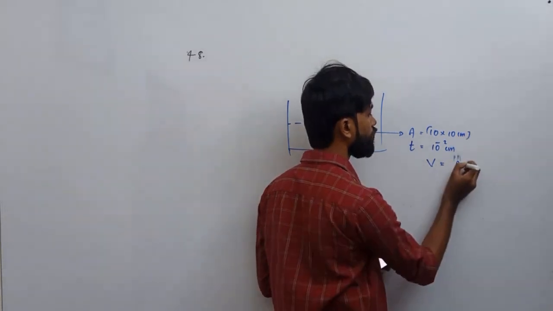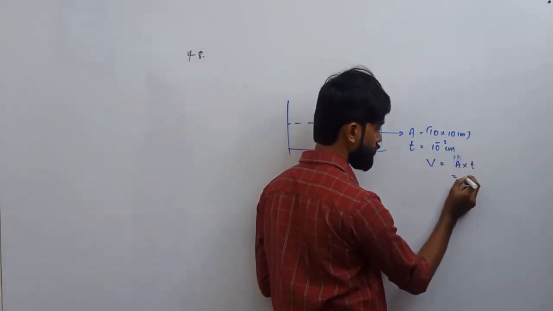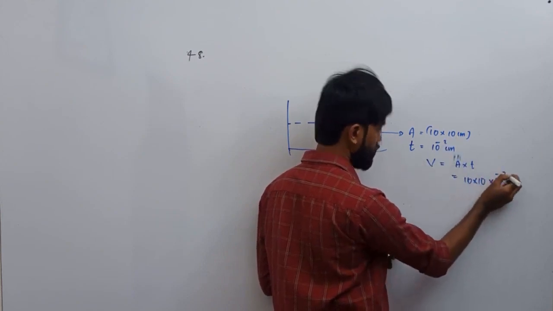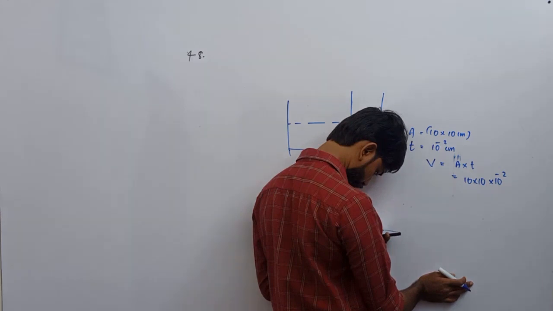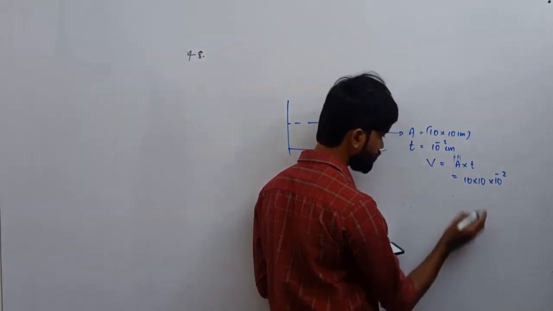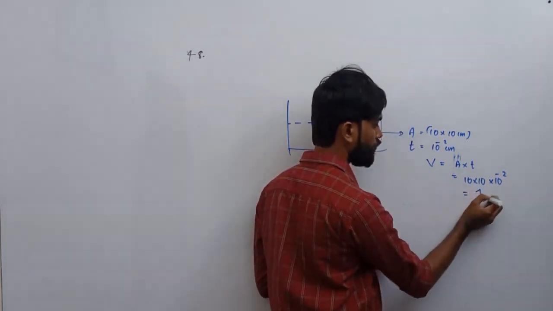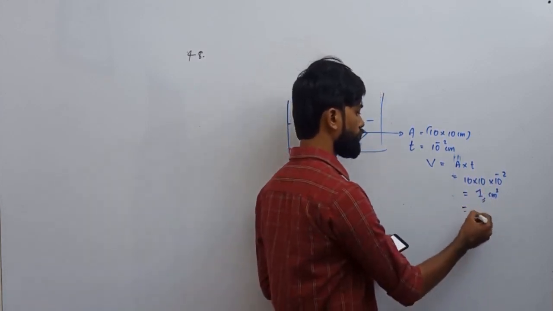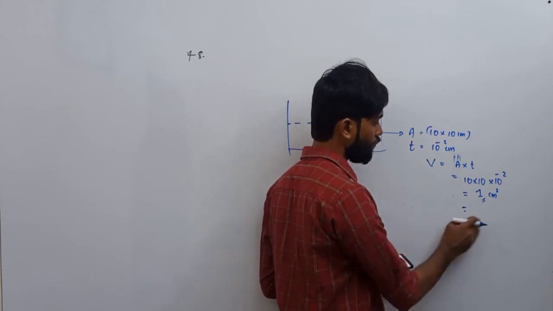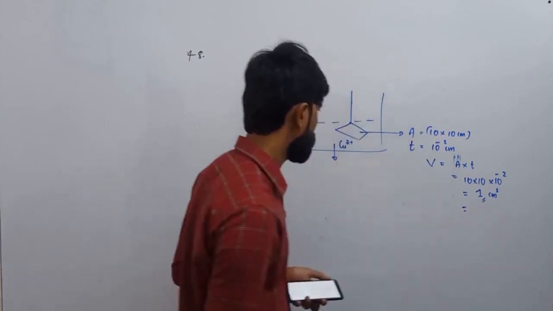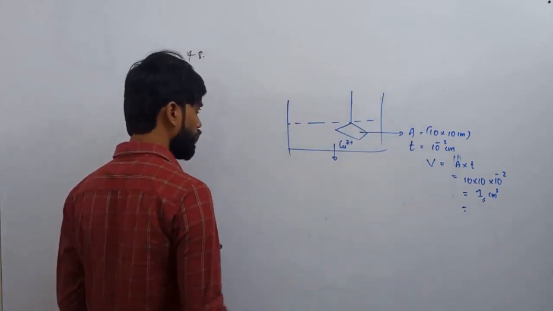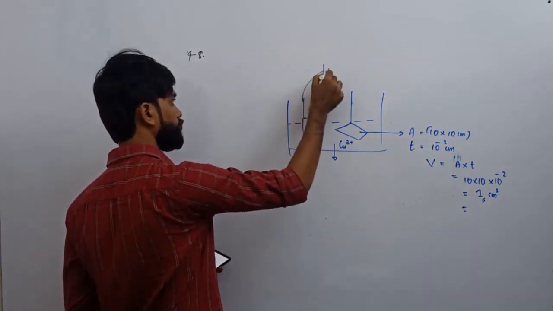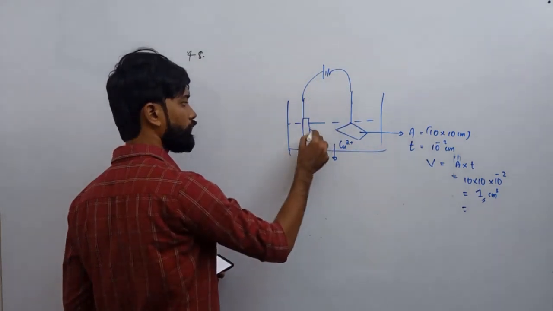we know the volume is area into thickness. Area is 10 into 10, length into breadth, and the thickness is 10 to the power minus 2. So 1 centimeter cube will be the volume. And here is a copper electrode taken as anode, and you know the electroplating.